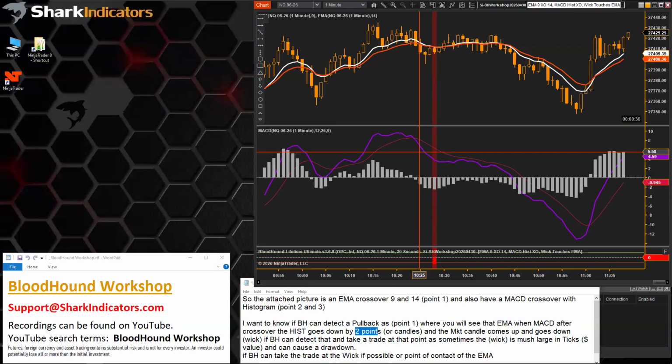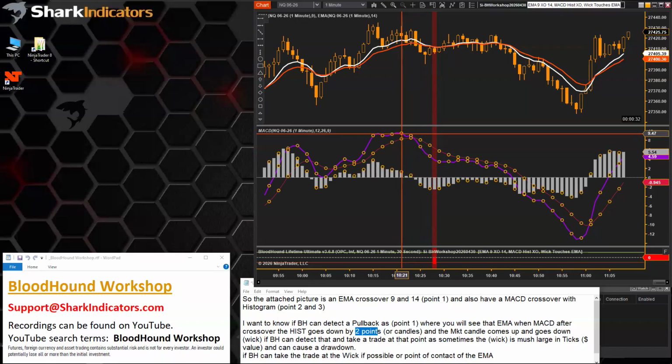We could put the MACD line and the average line into a crossover solver and identify when these two lines cross each other, but that's exactly the same thing as identifying when the histogram crosses the zero line. They're both the same exact condition, so there's no need to duplicate those two conditions.